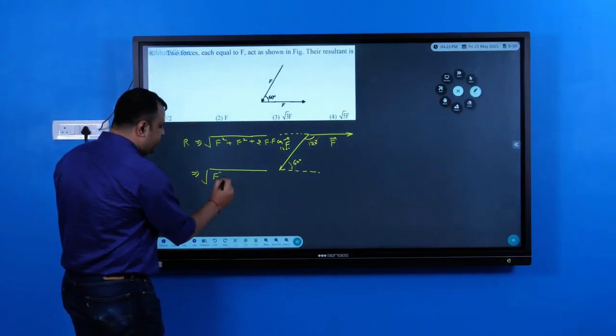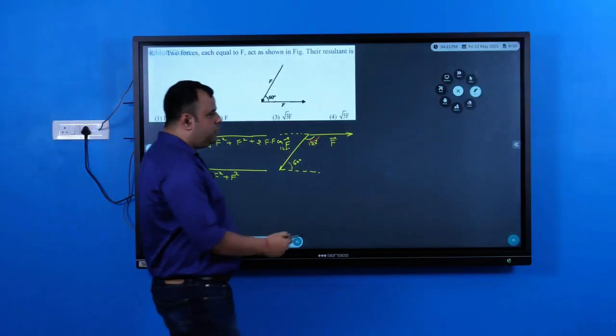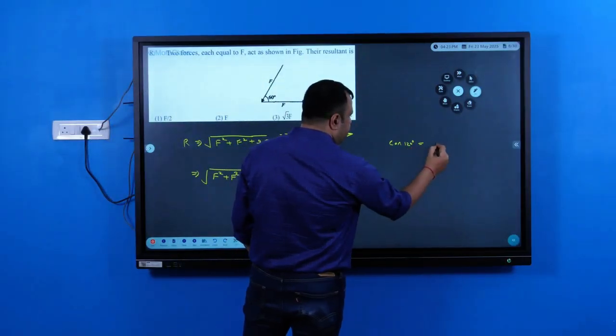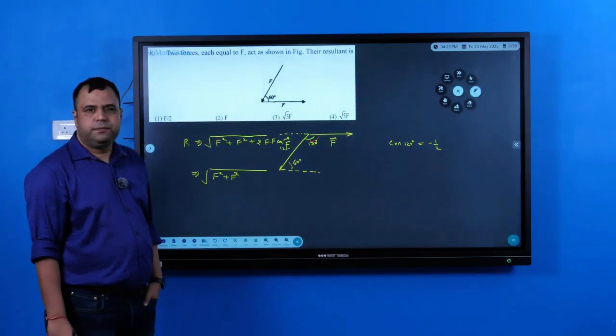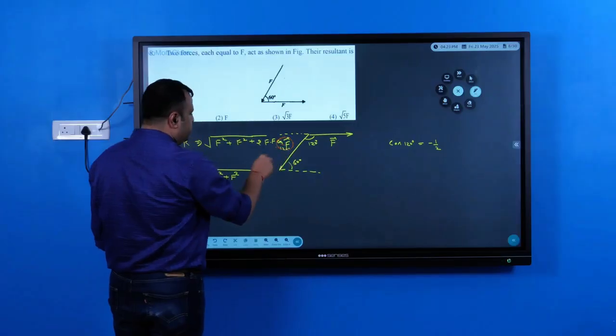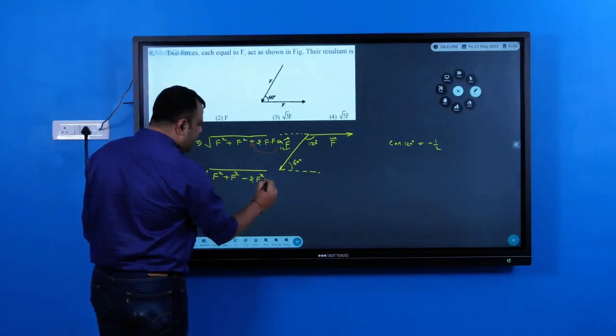So this becomes F square plus F square, and we all know the value of cos 120. Cos 120 is minus 1 by 2. So minus of 2 times F square into 1 by 2.